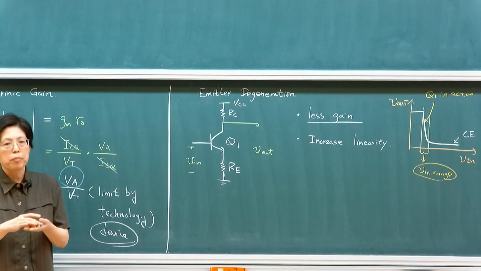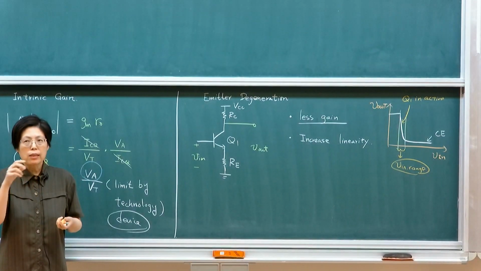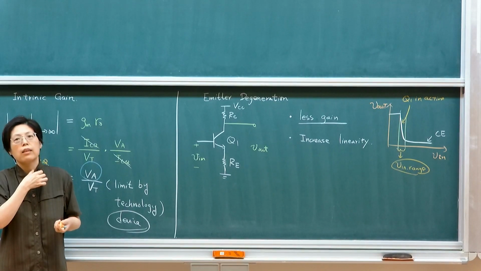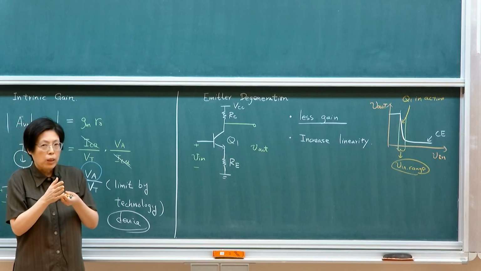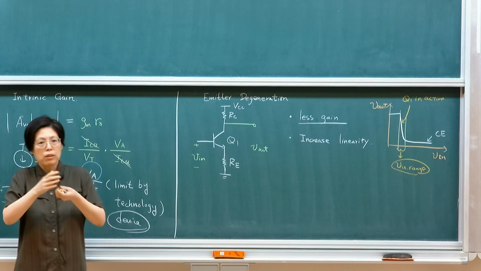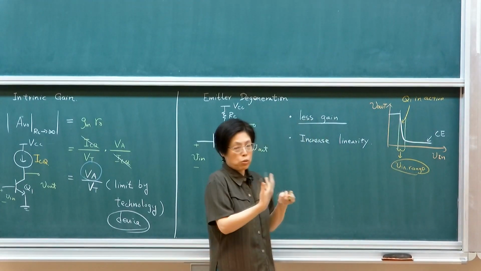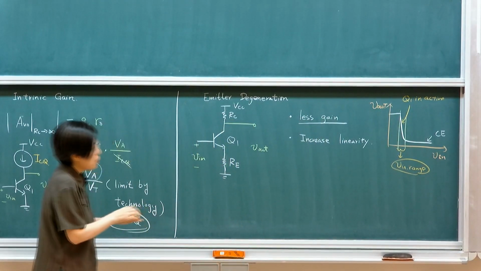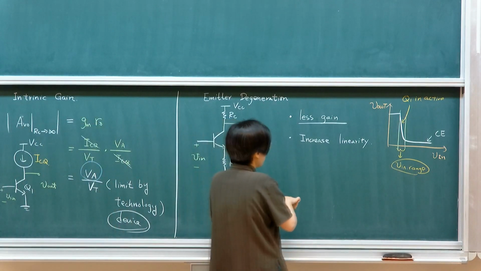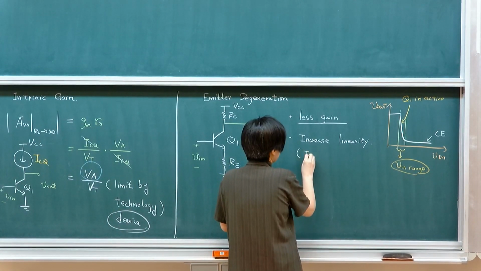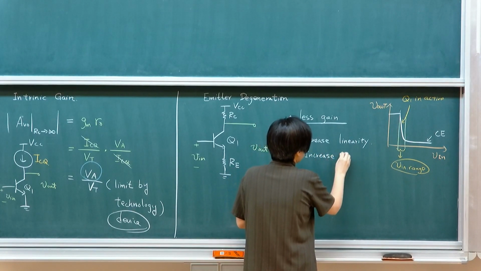And also, because the sensitivity is very high, it's like when I'm holding my microphone very close to my mouth. If I talk a little louder, it would then reach saturation. That means that it will lead to distortion of the response. So increased linearity, or another thing is that it increases input range.